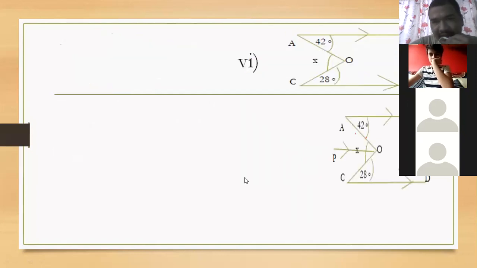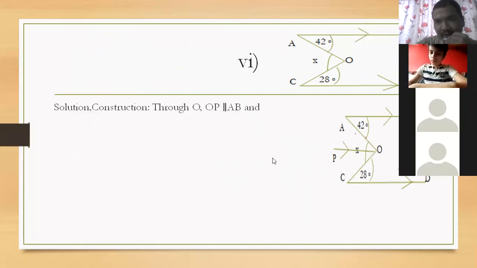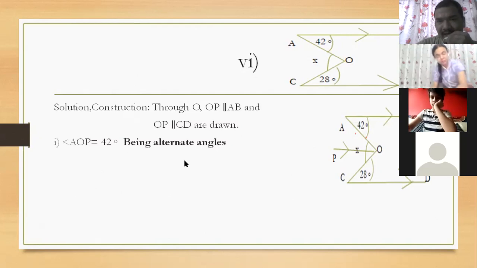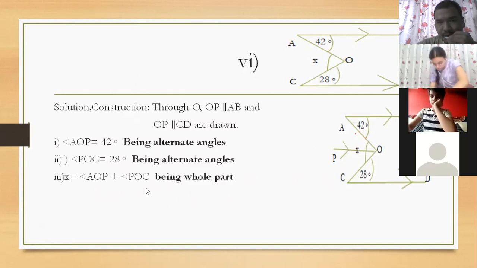Now the next question is like this. Look here, question VI. Here also we need construction. We have to construct the line OP, which is parallel to AB and CD. Then you will get the upper angle as an alternate angle, and the lower one also an alternate angle. Then add those two angles and you will get the value of x.